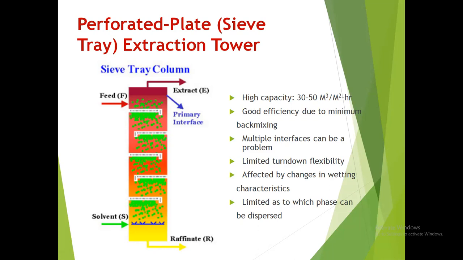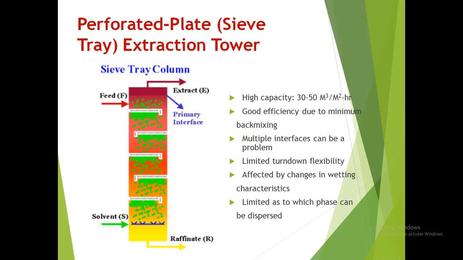Now, it has limited turn down flexibility. Meaning, whatever is the expected output based on a particular flow rate of the feed that is to be processed, that would be it. It's not as flexible as the other extraction equipments.